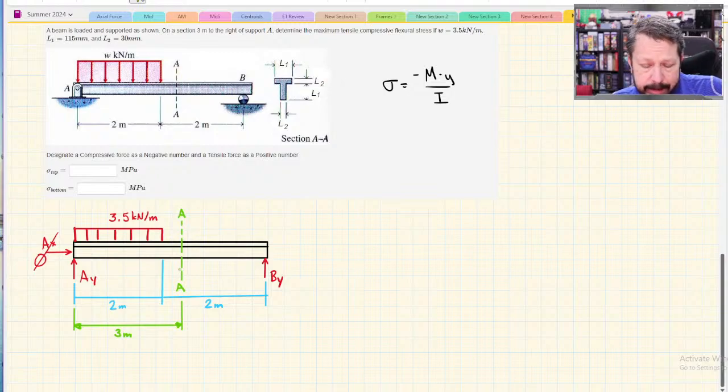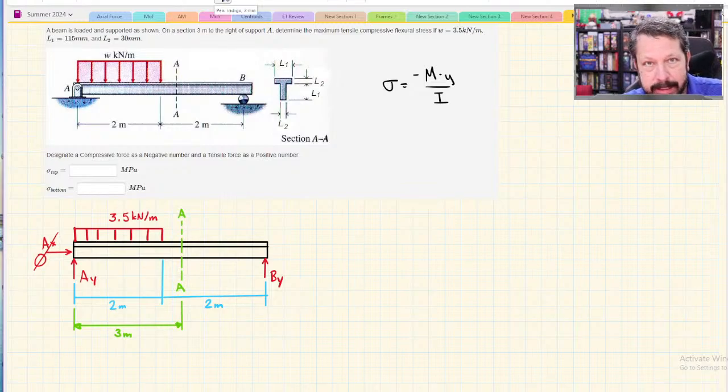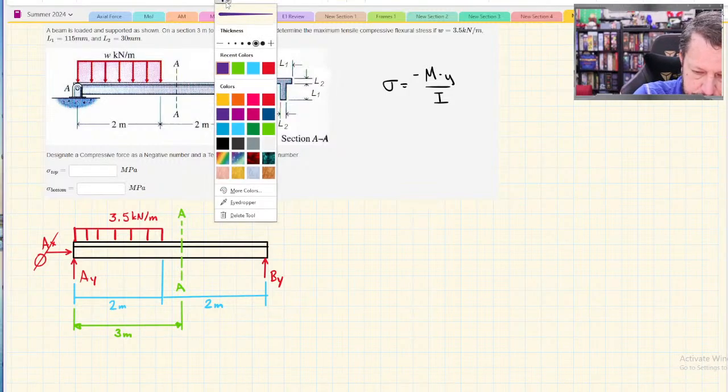Okay, let's go ahead and lump our distributed load. We can do that when all we're trying to do is find reactions and stuff like that. It's when we're drawing the shear and bending diagram that we don't want to use that lumped version. That's one of the reasons I always draw it in a different color. Let's make it a little thinner than that.